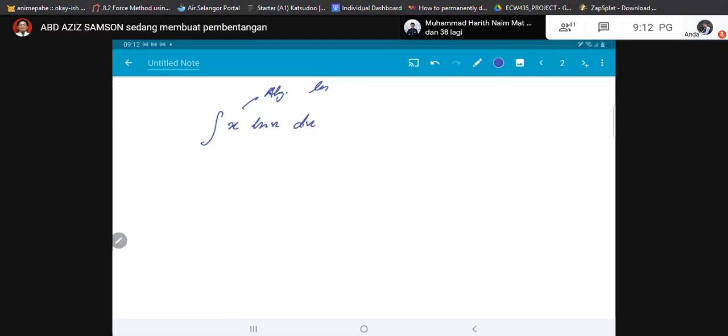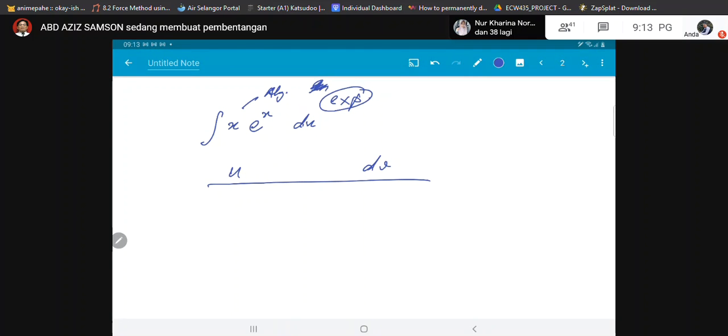I think I'll use an easier example, with exponentials instead of log. If we have x e to the x, we have two functions, algebraic and exponential functions. So we're going to let u and dv.